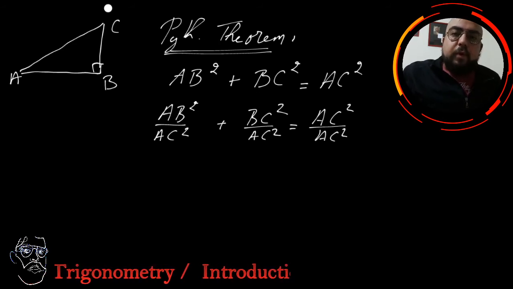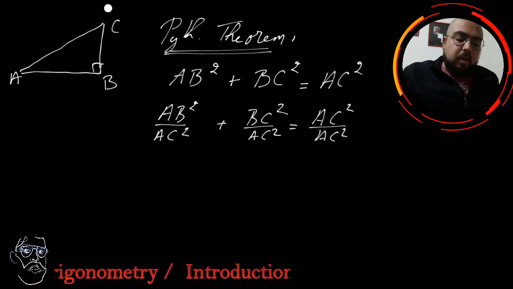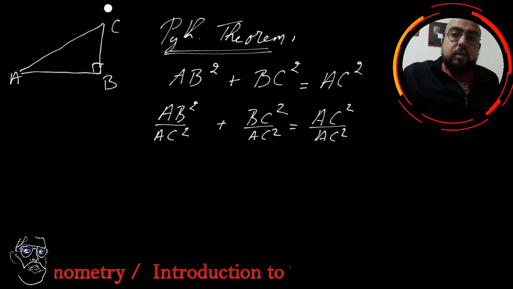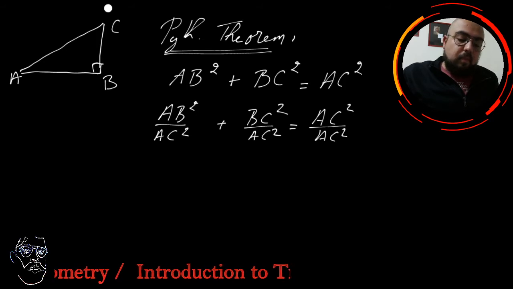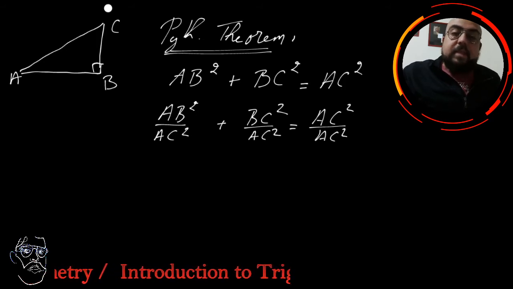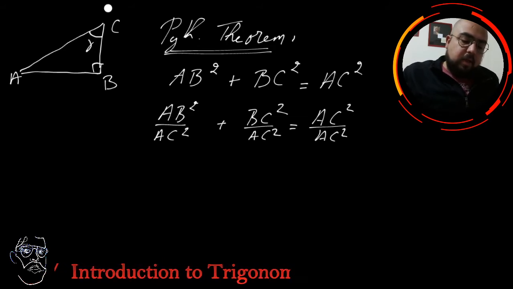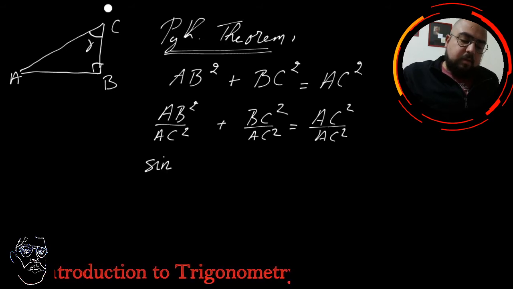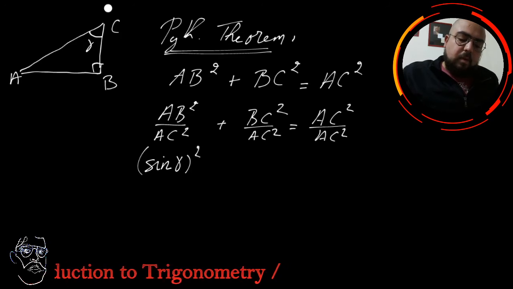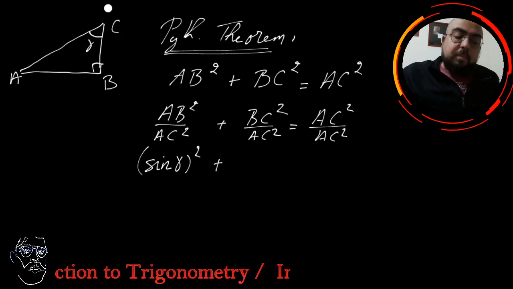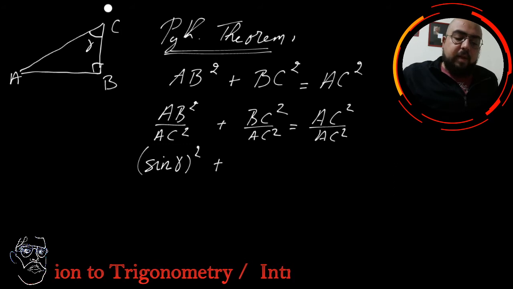What about AB over AC? AB over AC is actually the sine of gamma. This was, let's say, our angle gamma, so we can say sine of gamma to the power of 2 plus what is BC over AC?